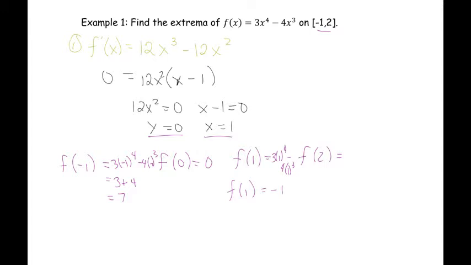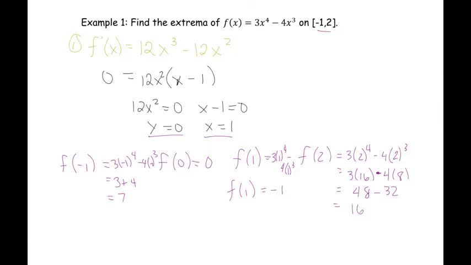And then f of 2, we get 3 times 2 to the 4th minus 4 times 2 cubed. So we have 3 times 16 minus 4 times 8. So that's 48 minus 32, which is 16.